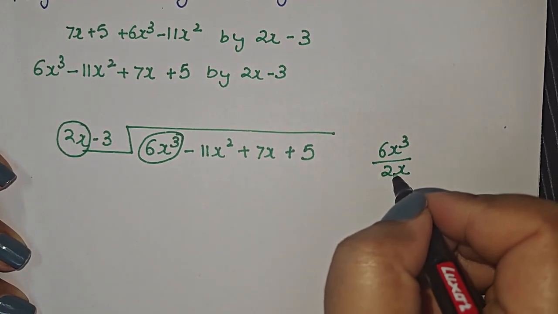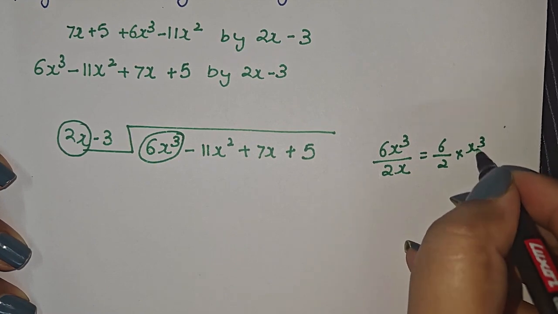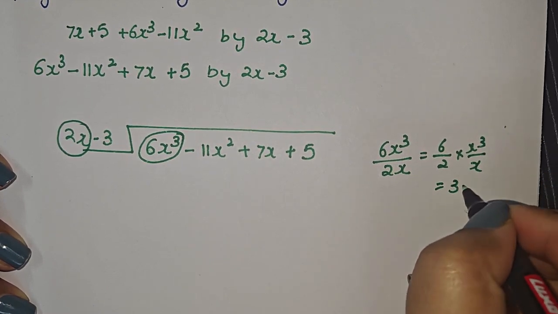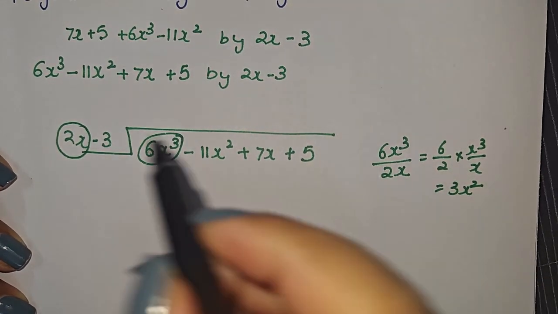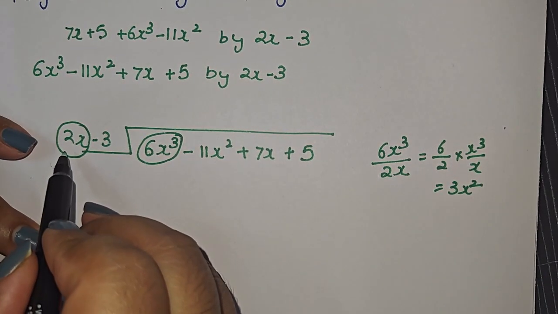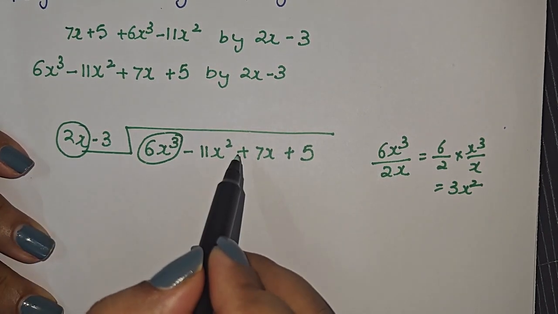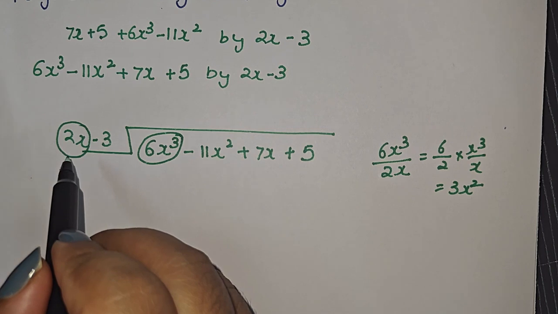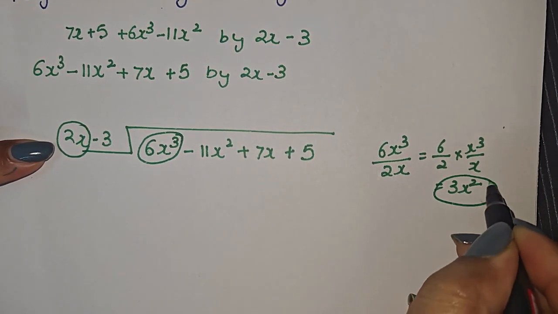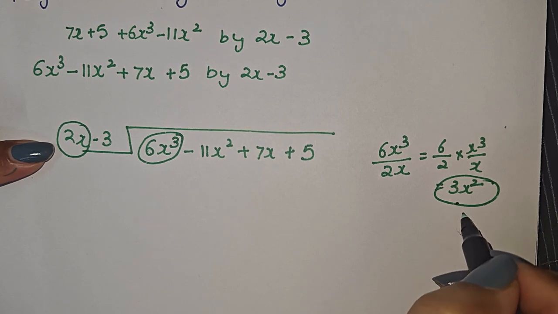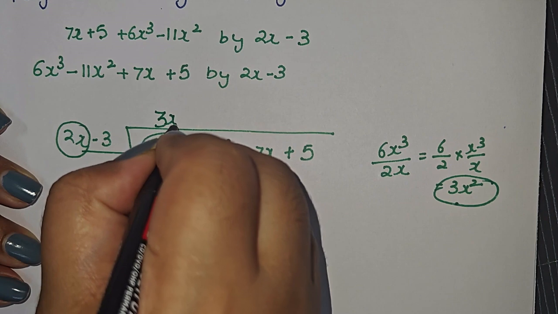These are two monomials, so the result can be 3x^2. So we have picked up the first term of both the polynomials and divided them. I have got my first term of the quotient, so I will write it here.